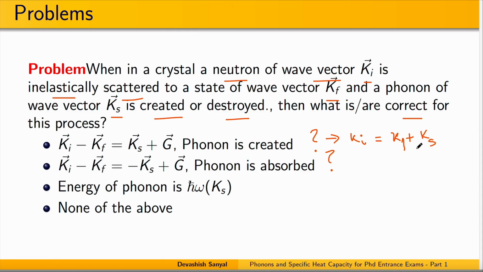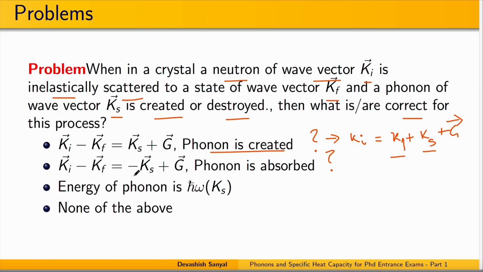Ks is the wave vector of the phonon. So this implies that the initial neutron wave vector breaks into Kf and Ks. So this is phonon created.